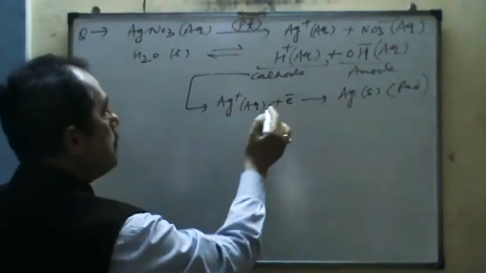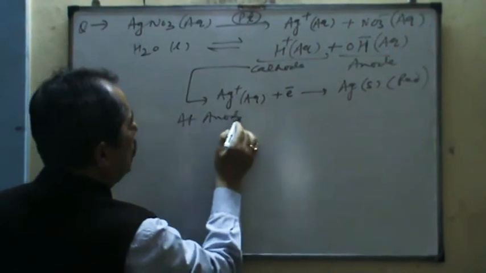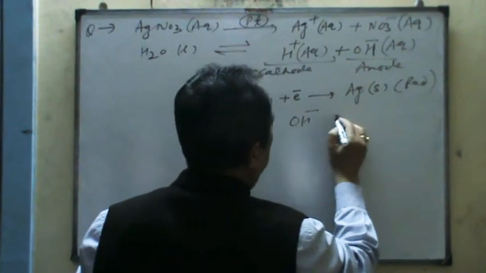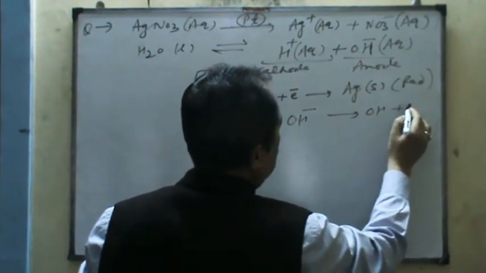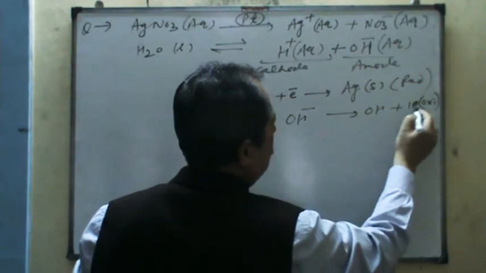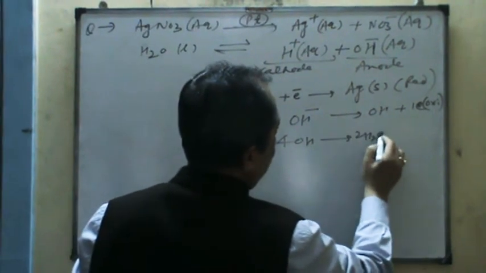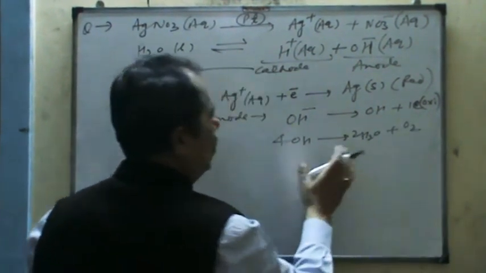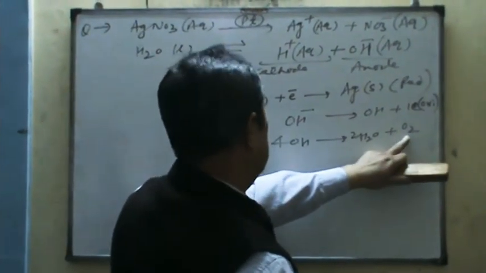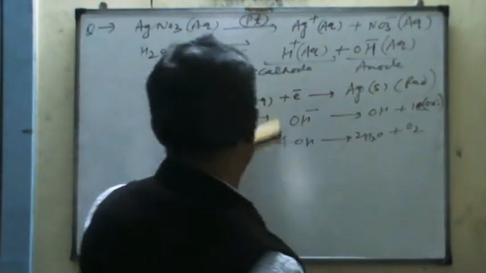You remember it? So at the anode, OH- loses 1 electron, it is oxidation. Balancing it, 2H2O plus O2. O2 gas is evolved at the anode and silver metal is deposited at the cathode.